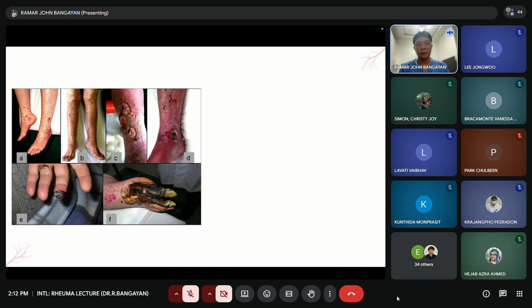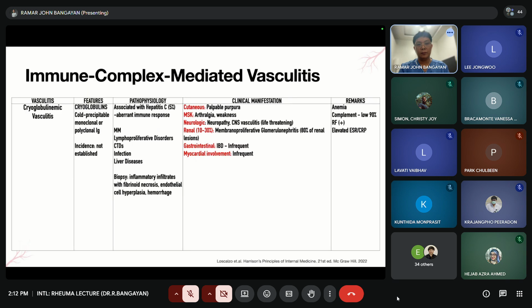Is that clear? So we can go back to cryoglobulinemic vasculitis. Okay? This is because of your cryoglobulins. So what are cryoglobulins? These are cold precipitable monoclonal or polyclonal immunoglobulins that are released from hepatitis C infection.